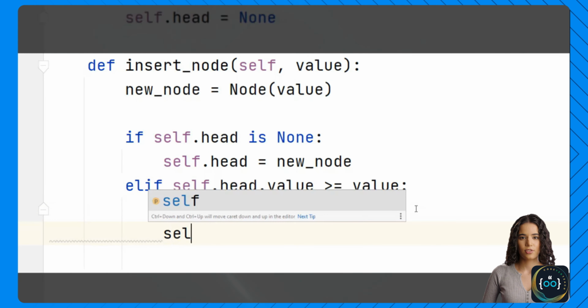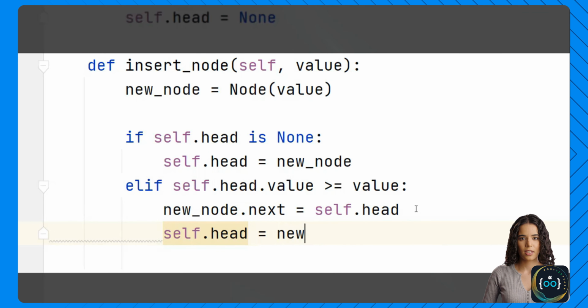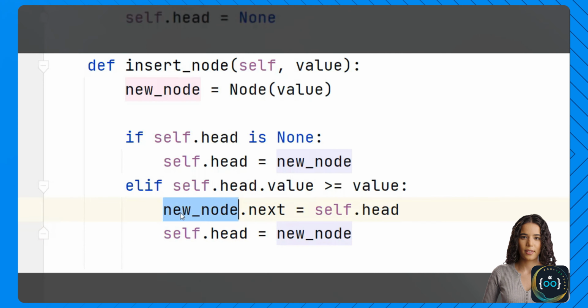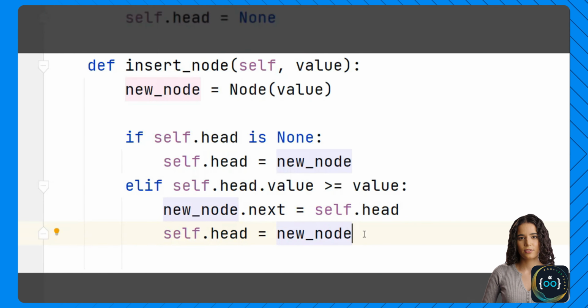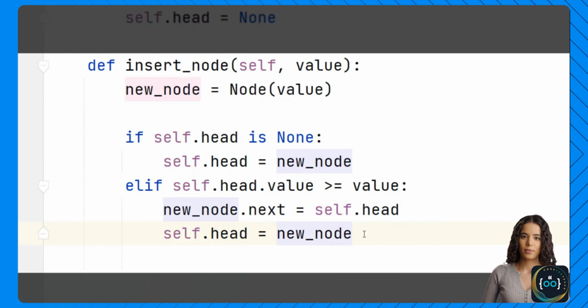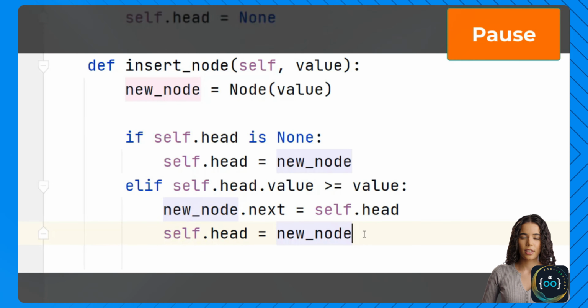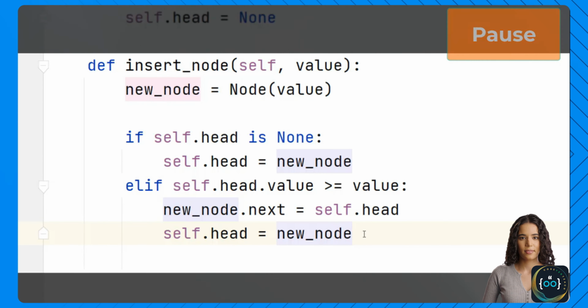And after that, we just replace the head node with the new node. The new node is now the head, and the head is now just another node in the middle of the list. Take a moment to pause the video and analyze this code and really understand how we are reassigning the pointers and the logic of the code.